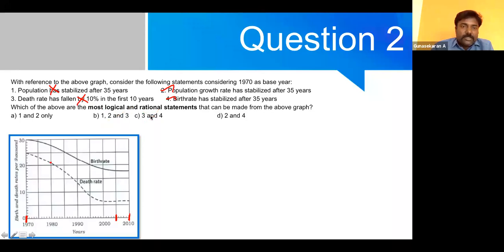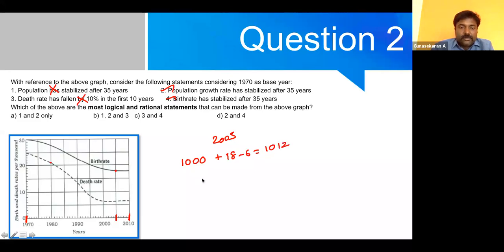See, try to understand the question. There is a population of 1,000. Next year, birth is how much? 18. Death is, in 2005, birth is 18 and death is 6.